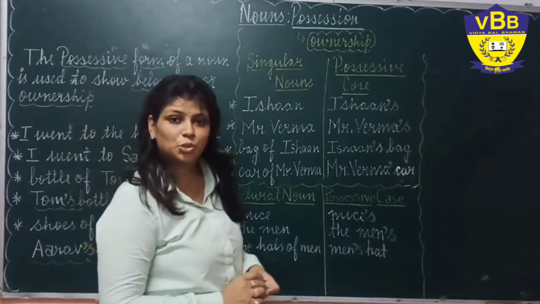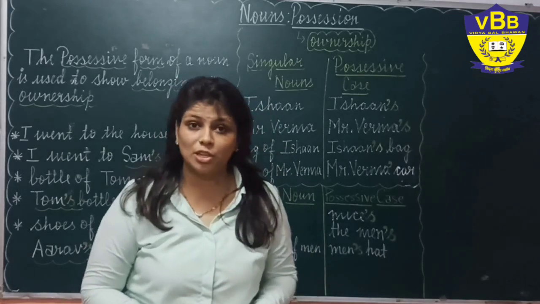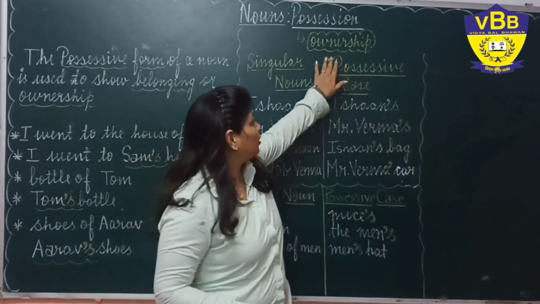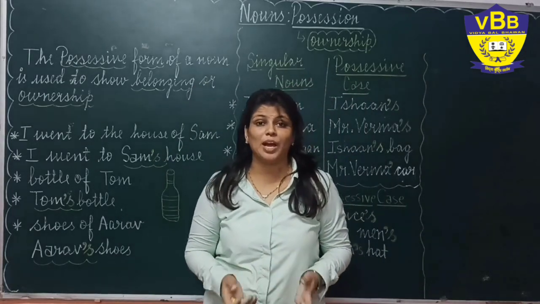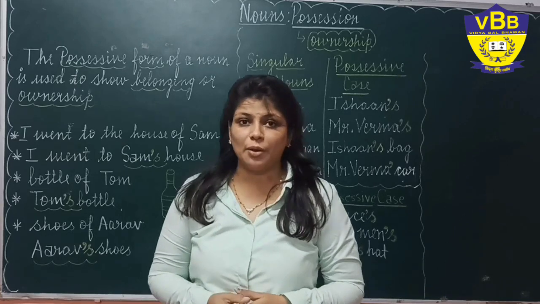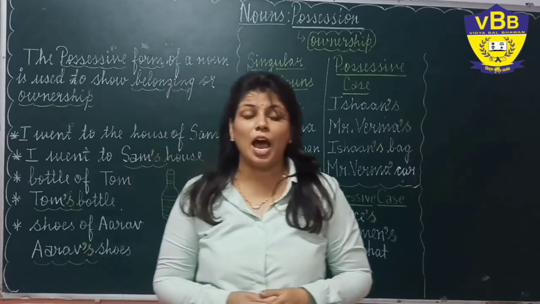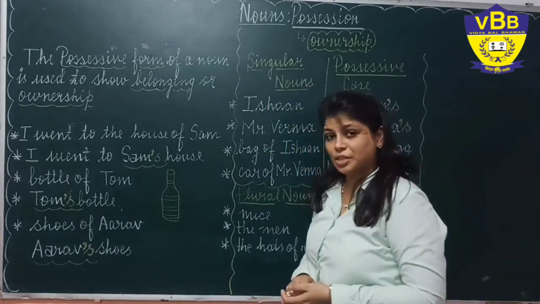So now first of all children, what do you mean by the word possession? Possession means ownership, when you are the owner of something, when you possess something. Okay, so now here we are going to learn how to change the nouns into their possessive case or the possessive form.